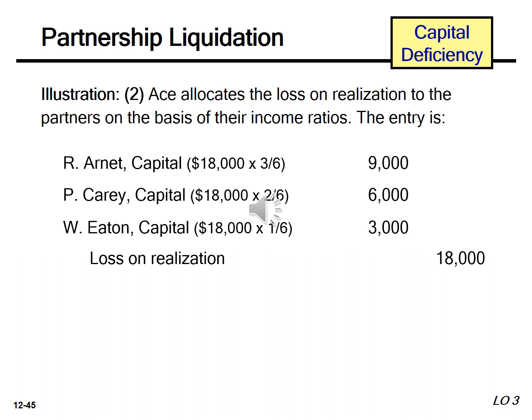We start with Arnett, 18,000 multiplied by 3/6. We get 9,000, which is half of the amount. Carey, 18,000 multiplied by 2/6, which gives us a third, 6,000. And for Eaton, we get a sixth of the amount, which is 3,000. So we debit all of these amounts, and they are offset by a credit on loss on realization of 18,000.